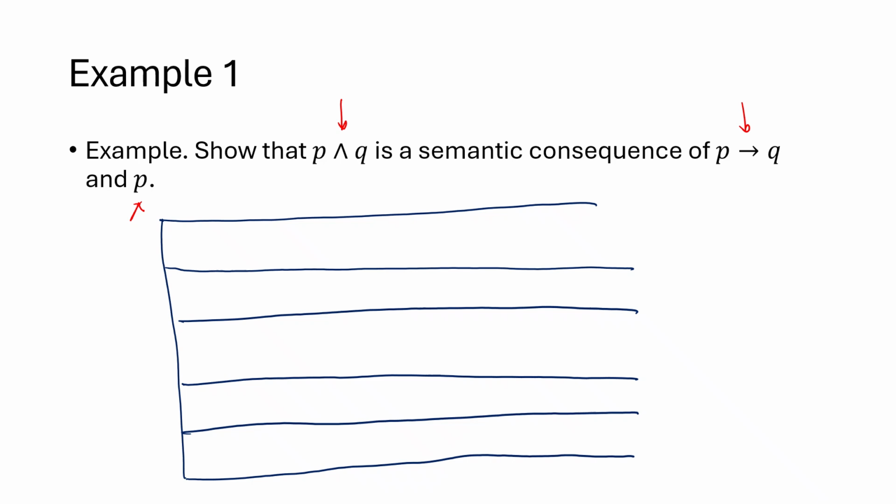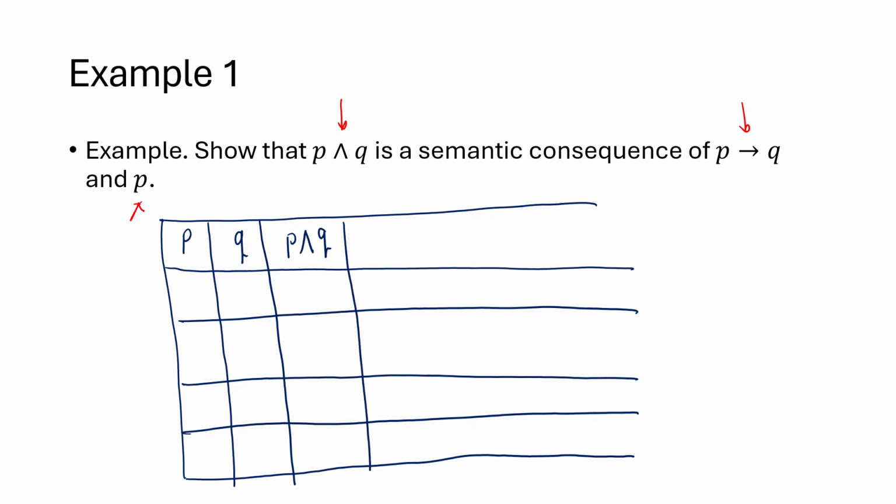And also, if you remember, we need columns for each variable. So a column for P, a column for Q, and then from P and Q, I can have the conjunction P and Q. I can also have if P, then Q, and that's it. Okay, so a truth table that has all my premises.